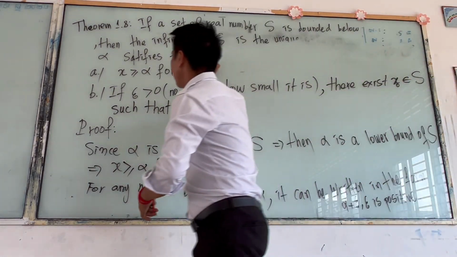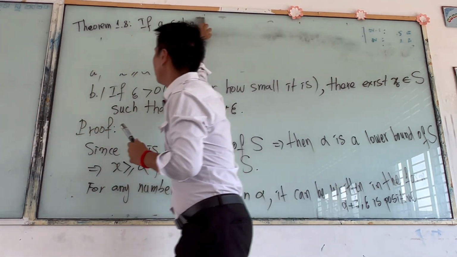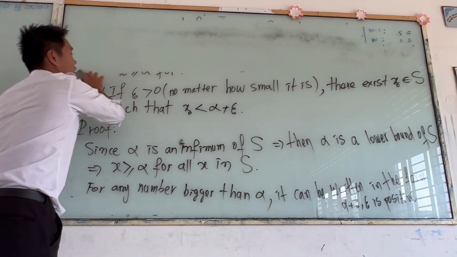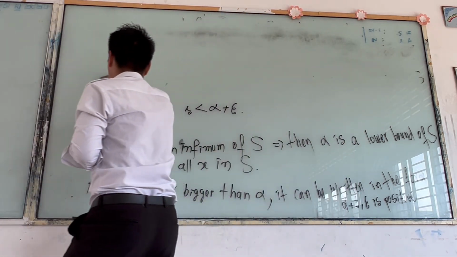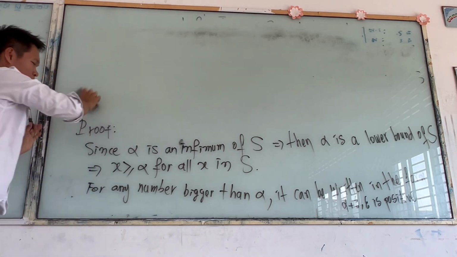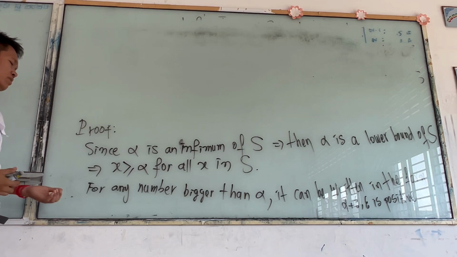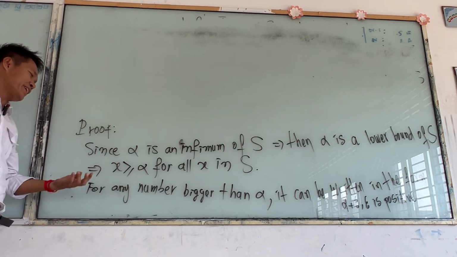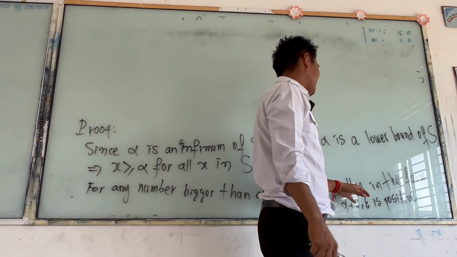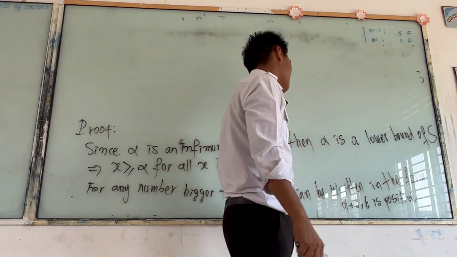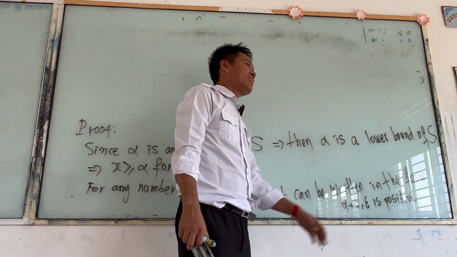I repeat this one again. For any number bigger than alpha, it can be written in the form alpha plus epsilon, where epsilon is greater than 0.